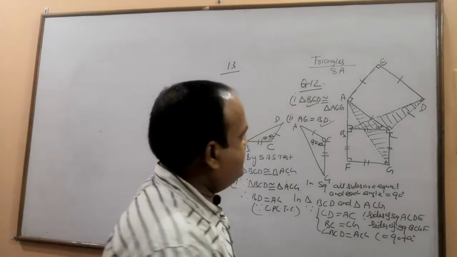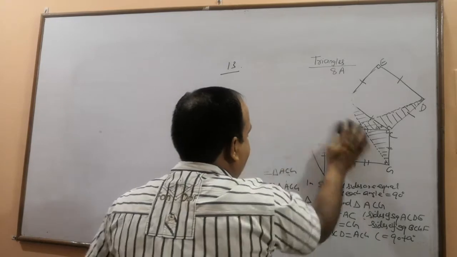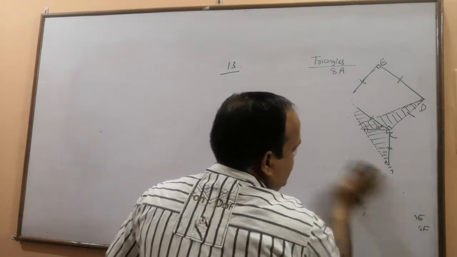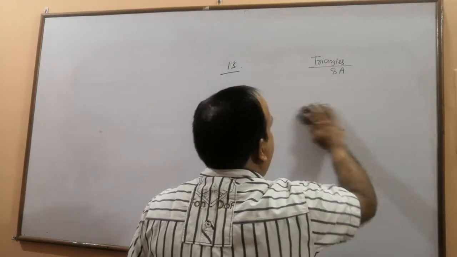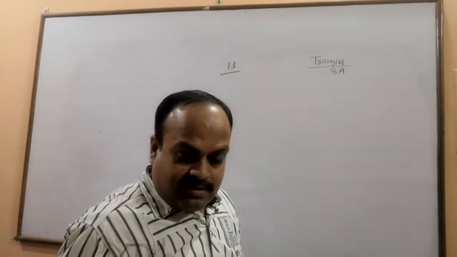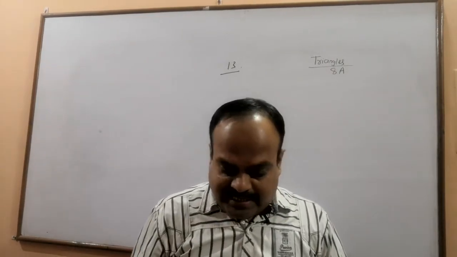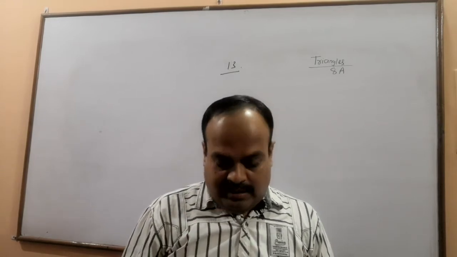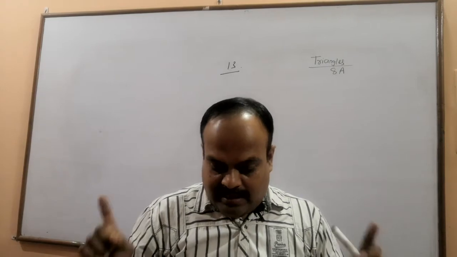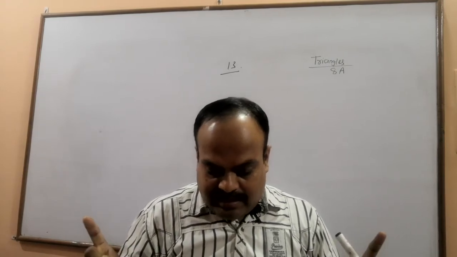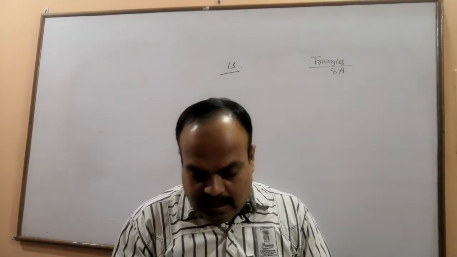Question number 13. So I will read it until it is clear for me and for you what the question says. Question says: prove that the medians of an equilateral triangle are equal.